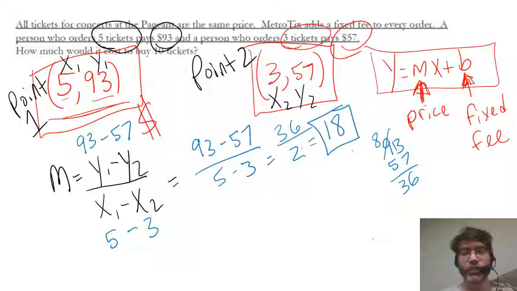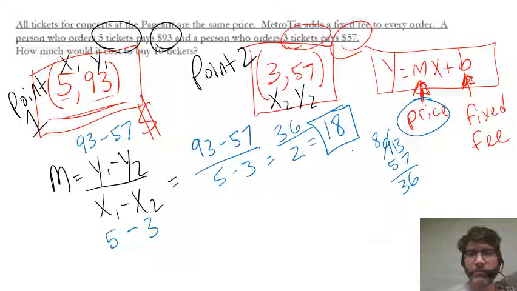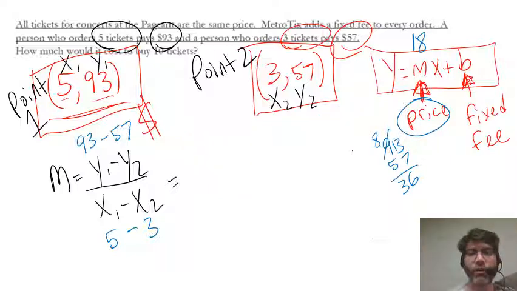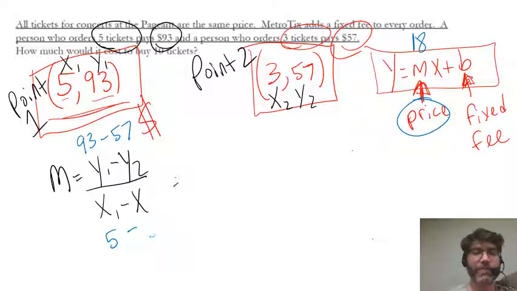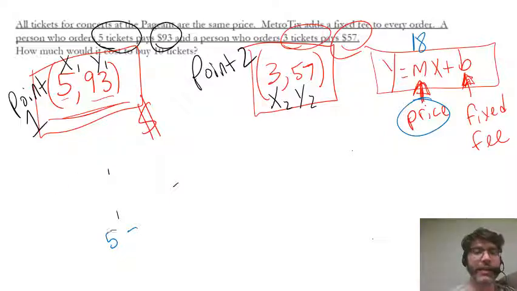That is the slope. The slope is the price. Price means that it's $18 per ticket, okay? So I'll just put an 18 over here. Now that we know what the ticket price is, which is $18, let's figure out what the b is. We can figure out what the b is because now we have all of the numbers that we need to know except b itself, okay? b is the y-intercept, meaning the fixed fee.